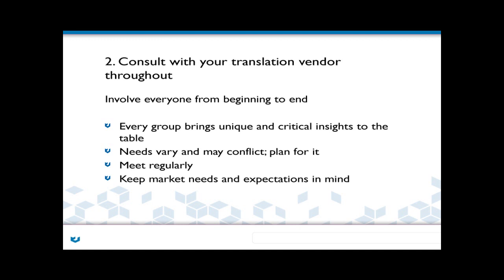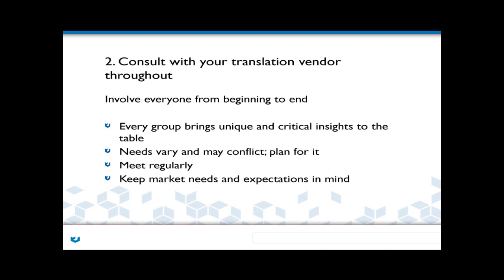And it's very important to meet regularly with all of these people to make sure that everyone's on the same page and that the path is very, very clear in everyone's mind of where you need to go and how you're going to get there. And at every stage of the way, you have to keep your market needs and expectations in mind.